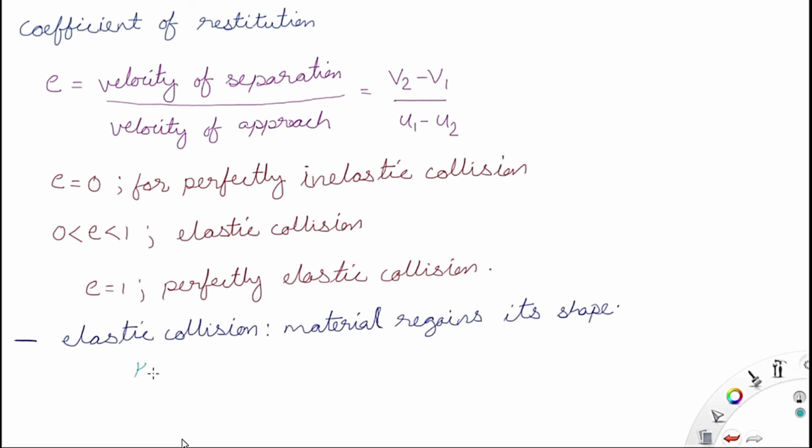The summation of initial kinetic energy is equal to the summation of final kinetic energy, and the summation of initial linear momentum is equal to the summation of final linear momentum.